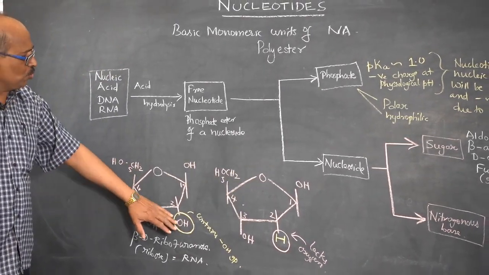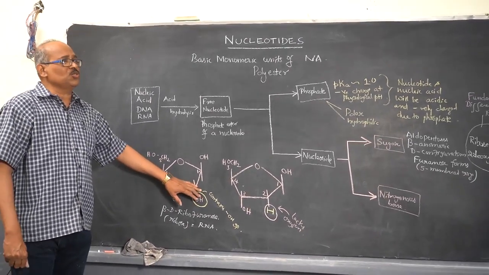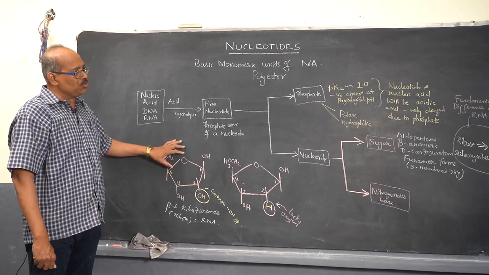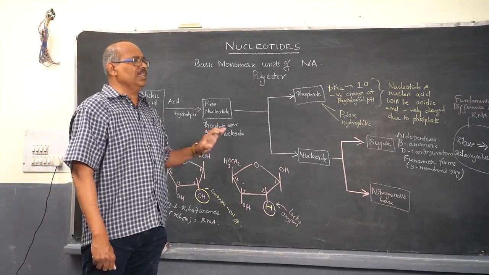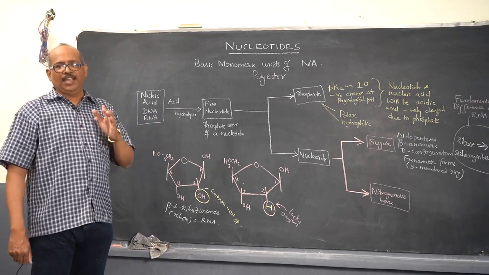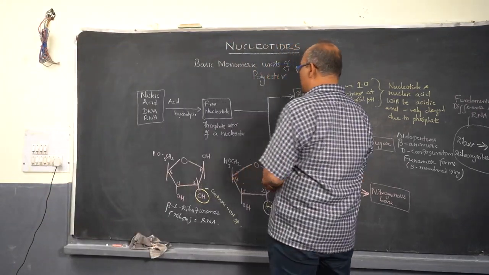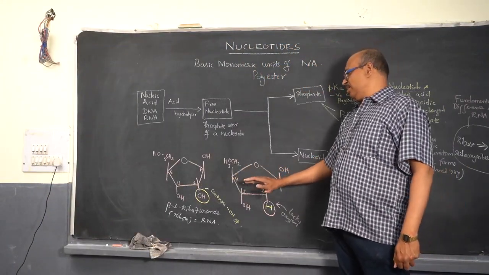Because ribose has the 2 hydroxyl group here, it can undergo cyclic structure formation. That's why when you use alkali like sodium hydroxide, RNA will be subjected to hydrolysis. Here, the chances of cyclic nucleotide formation are less.